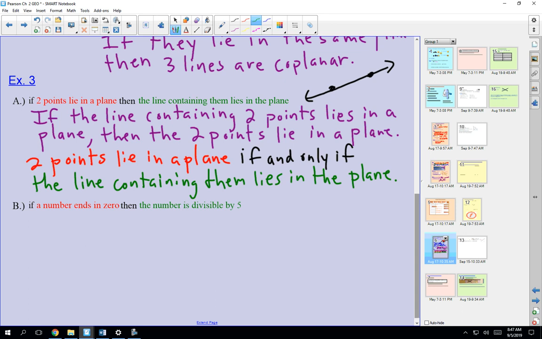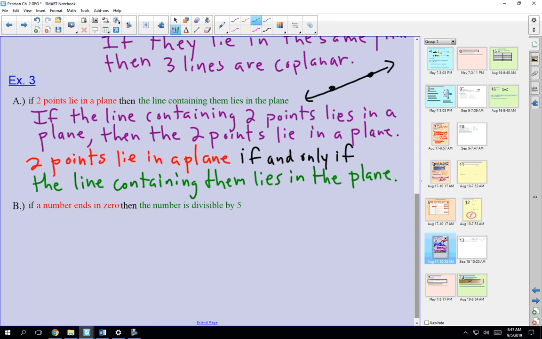So you're going to be asked to do that. Write the converse, then decide if both the converse and the conditional are true, and if they are, write it as a biconditional. So the biconditional is just connecting the hypothesis and conclusion with an if and only if. That's 1 page. It is only 1 page.